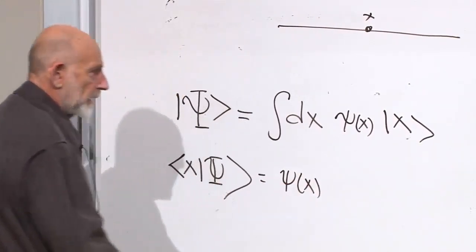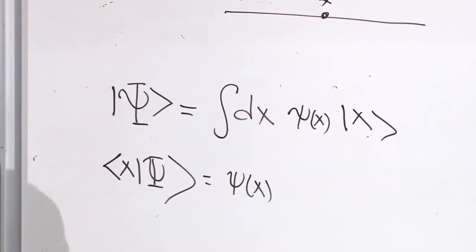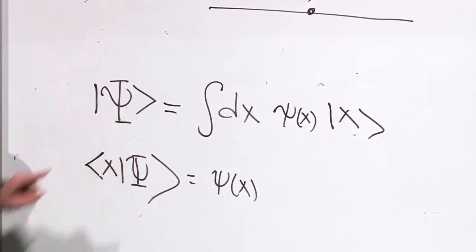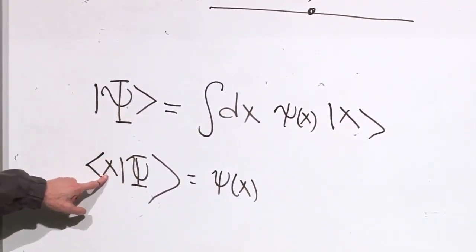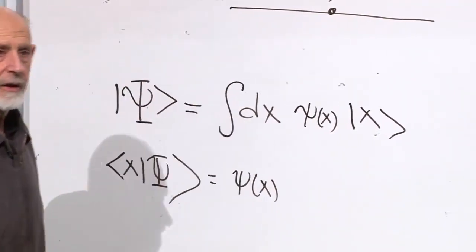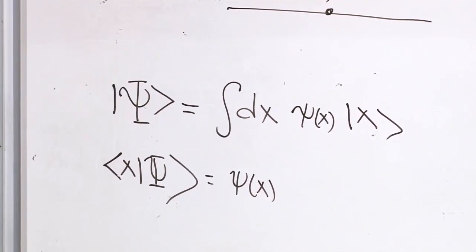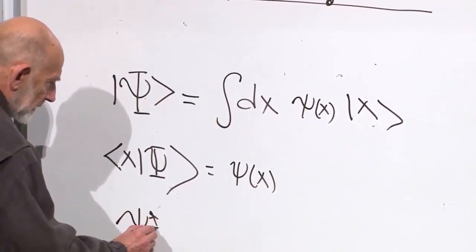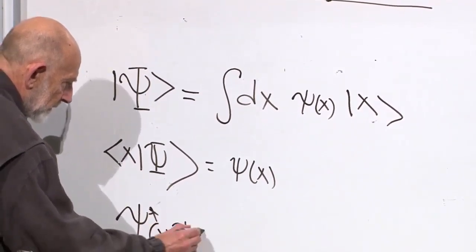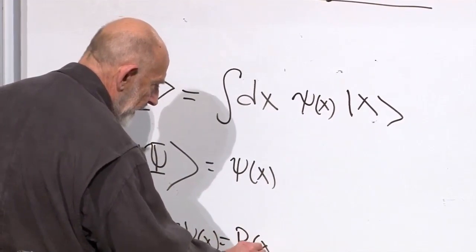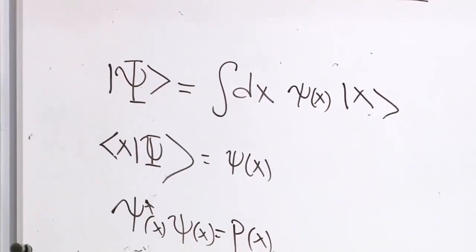This is fully analogous to what we studied in simpler systems. Wave function is the projection of the state onto a state of definite x, that's psi of x, and secondly, psi star of x times psi of x is the probability that the particle be found at position x.